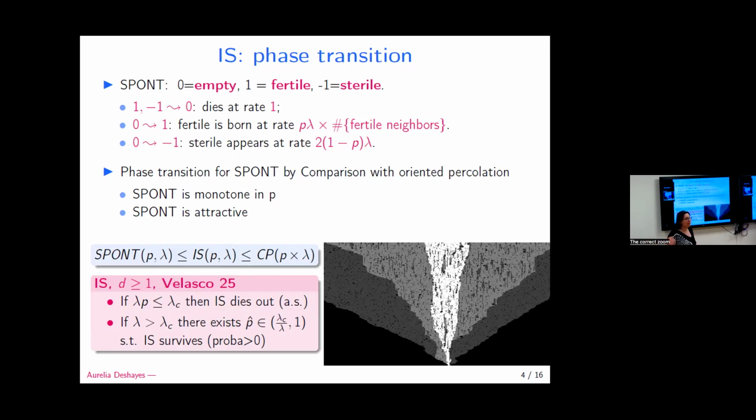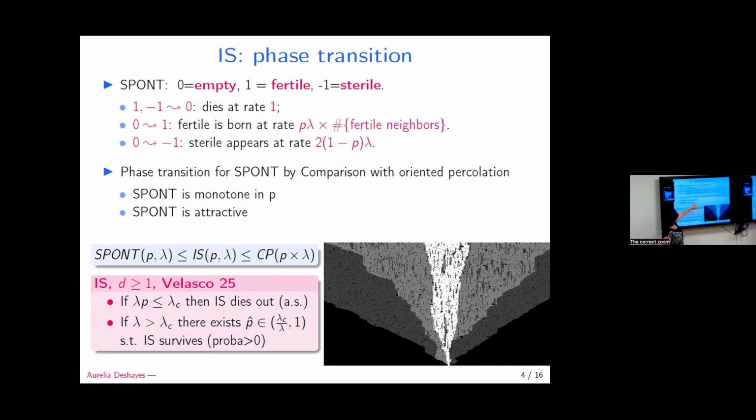It's true for every P bigger than P hat, but we don't know what P hat is. P hat is really close to 1. But there may be some points in the middle that work?